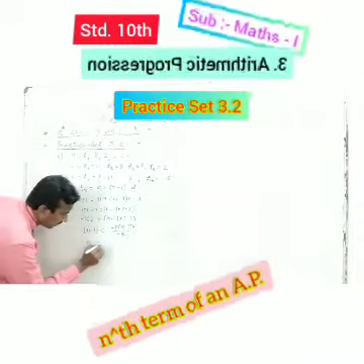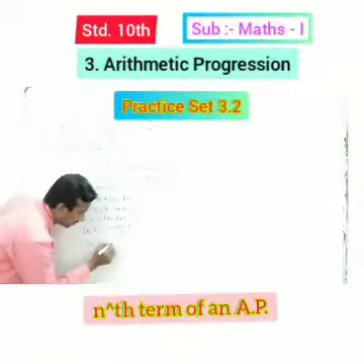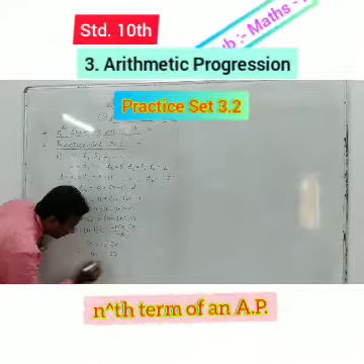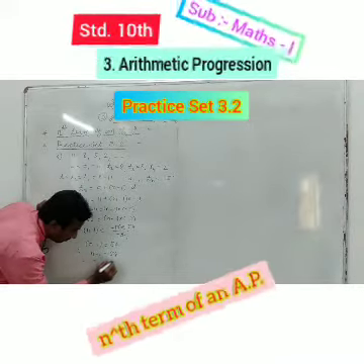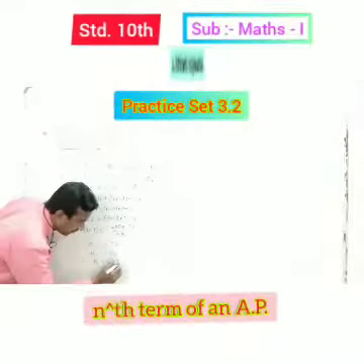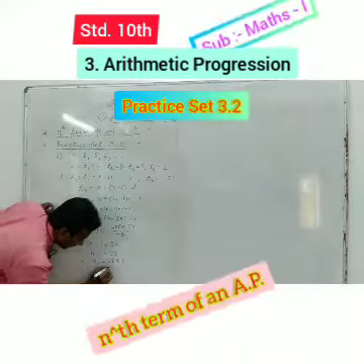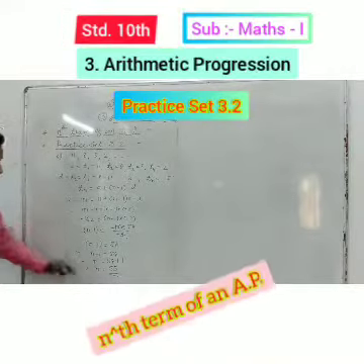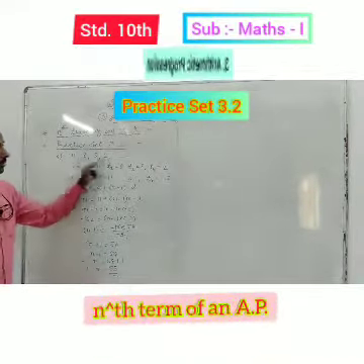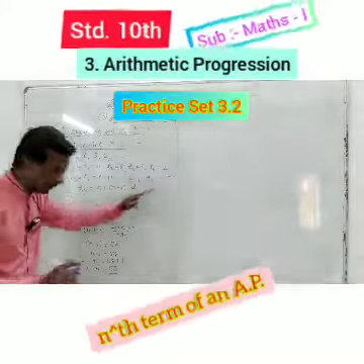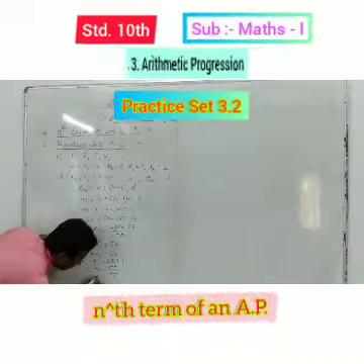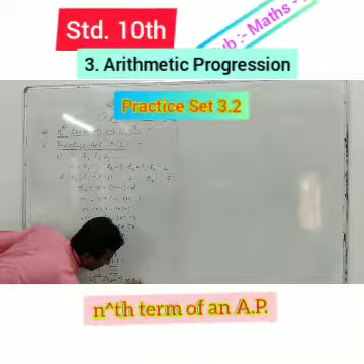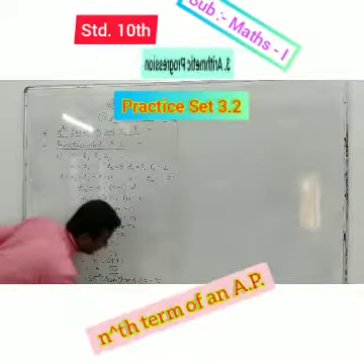Therefore, n minus 1 is equal to, minus minus becomes plus, 54. Therefore, n minus 1 is equal to 54, which means n is equal to 54 plus 1, since minus 1 goes to the RHS and becomes plus 1. Therefore, n is equal to 55. It means we can say that the 55th term of the AP is minus 151.